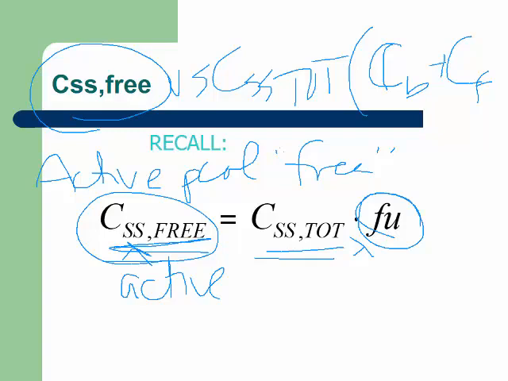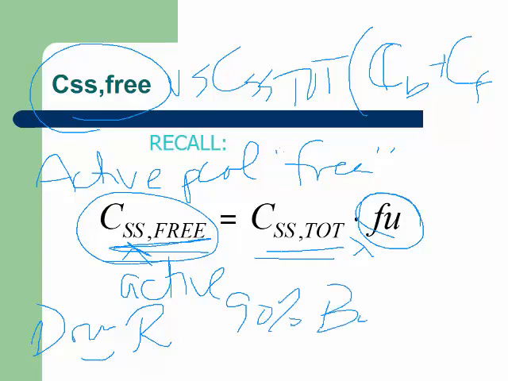So let's say, for example, we have a drug. Now I'm not going to say C because C is too confusing. You're going to see all these C's around here. Drug R that is 90% bound. So it's 90% bound. So what does that tell you? That tells you the fraction unbound is what? 10%. So we would write it as 0.1, wouldn't we?